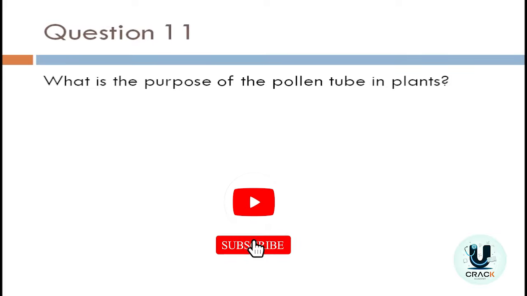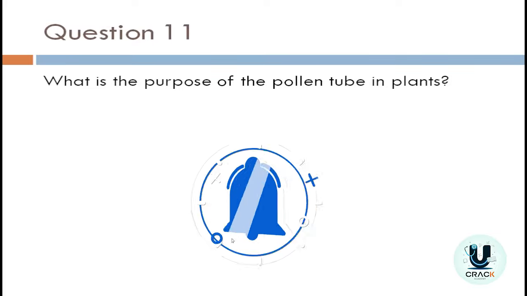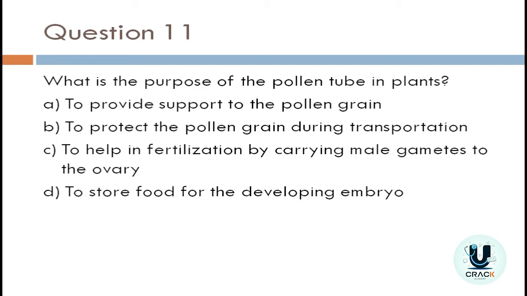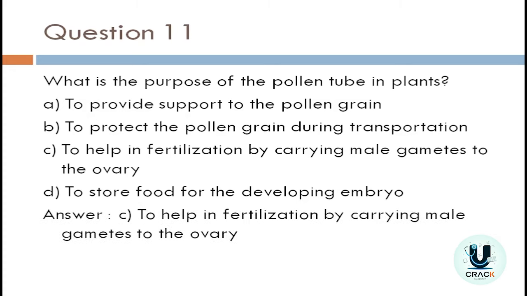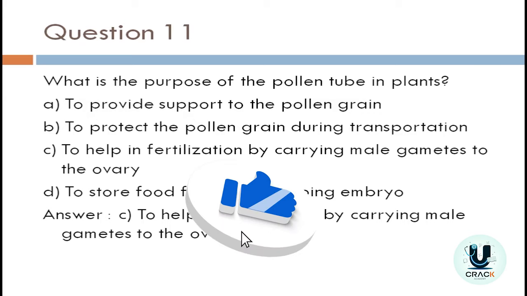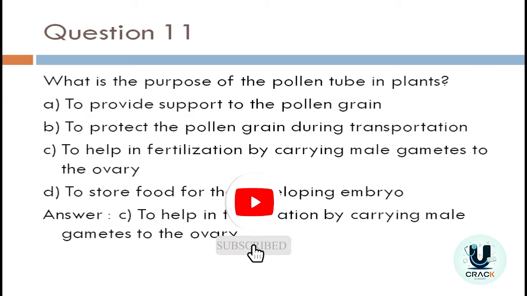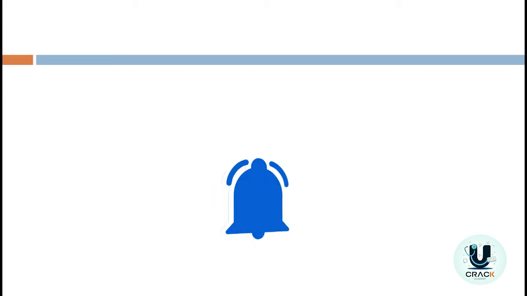Question number 11. What is the purpose of the pollen tube in plants? Options: to provide support to the pollen grains, to protect the pollen grains during transportation, to help in fertilization by carrying male gametes to the ovary, to store food for the developing embryo. Answer: to help in fertilization by carrying male gametes to the ovary.